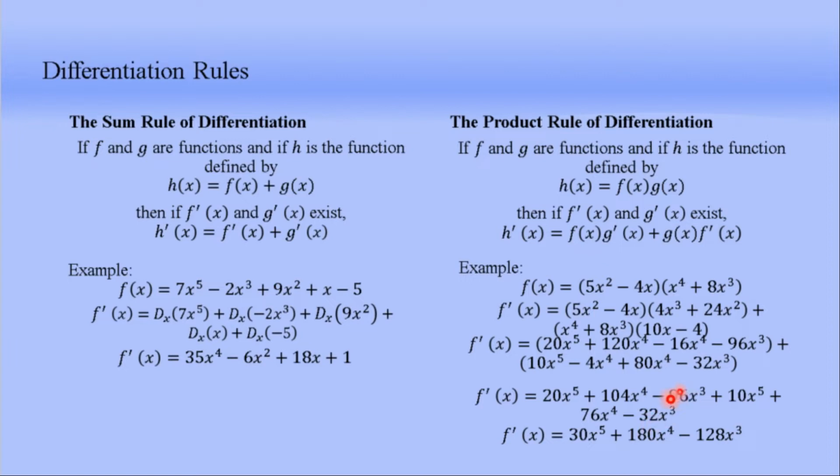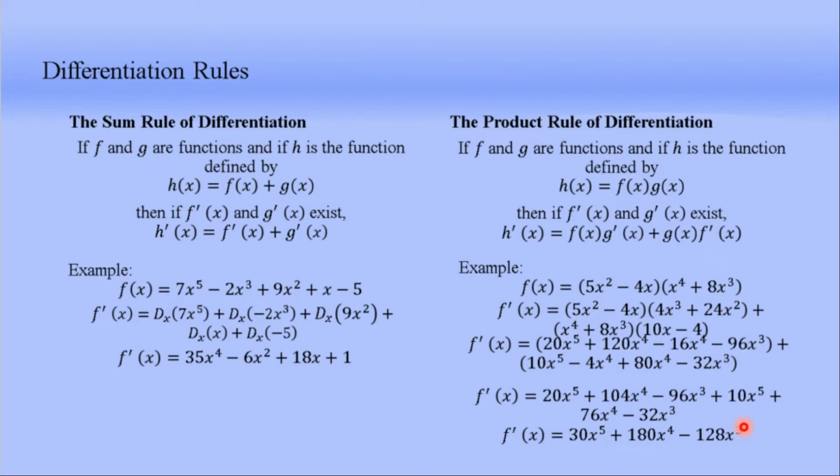And also here, we're going to add negative 96x cubed to negative 32x cubed, which equals negative 128x cubed.